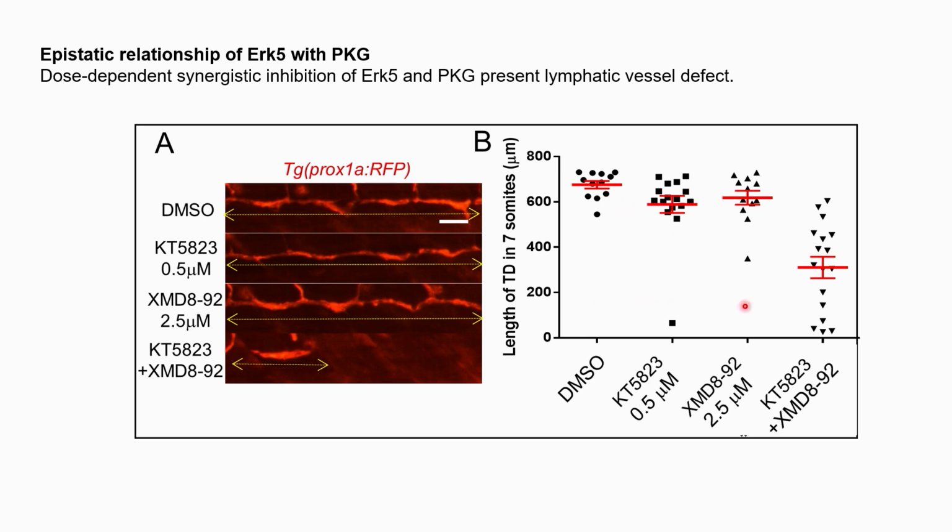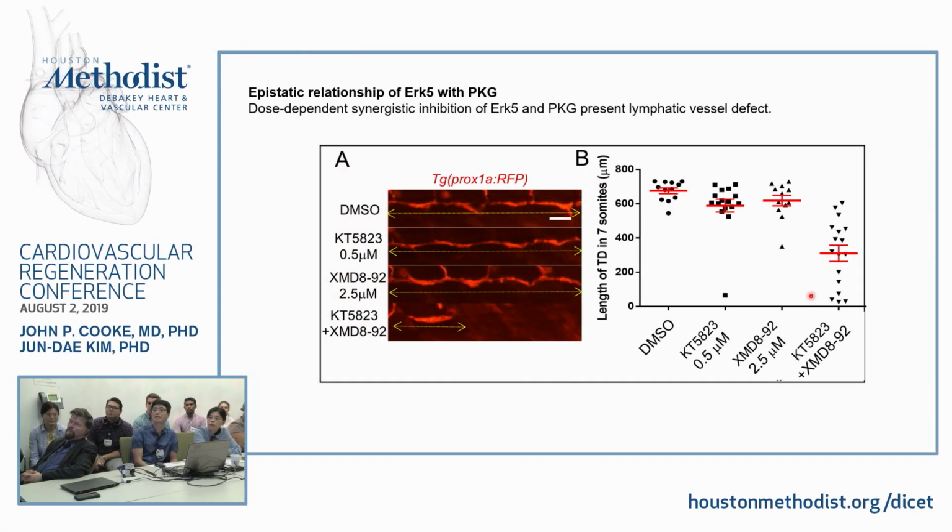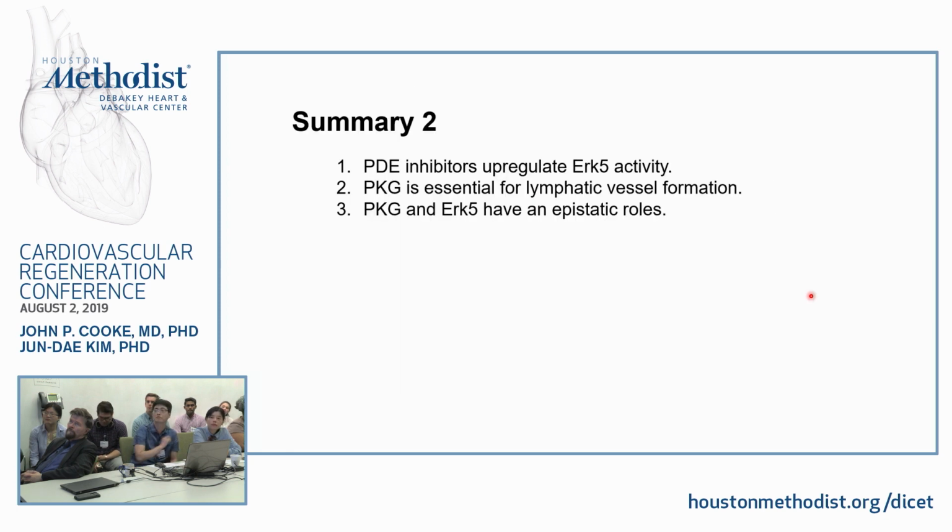However, when we combined these normal conditions, the embryo had a severe lymphatic vessel defect, suggesting that PKG and ALK5 have an epistatic relationship. So now we know that PDE5 inhibitor upregulates ALK5 activity, PKG is essential for lymphatic vessel formation, and PKG and ALK5 have an epistatic role.